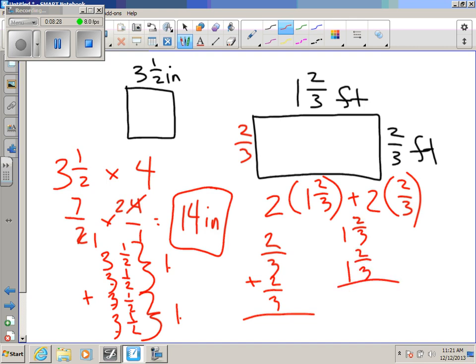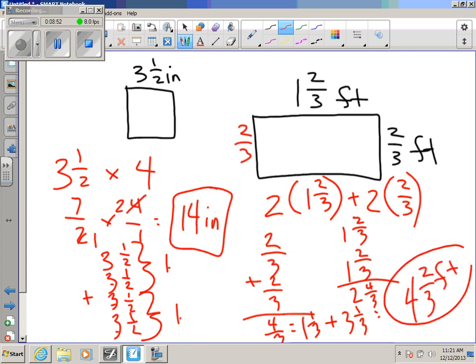So over here we get 4/3, which is 1 1/3. Over here we get 4/3, 2 4/3, which is 3 1/3. So 1 1/3 plus 3 1/3 give us 4 2/3 feet.